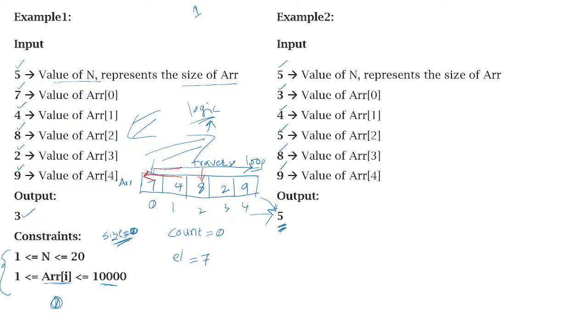It is understood. Yes or no? So 7, 4, which is maximum? 7 is the maximum one. If 8 is greater than 7, it is obvious that it is also greater than 4. No need to compare 8 again with 4.